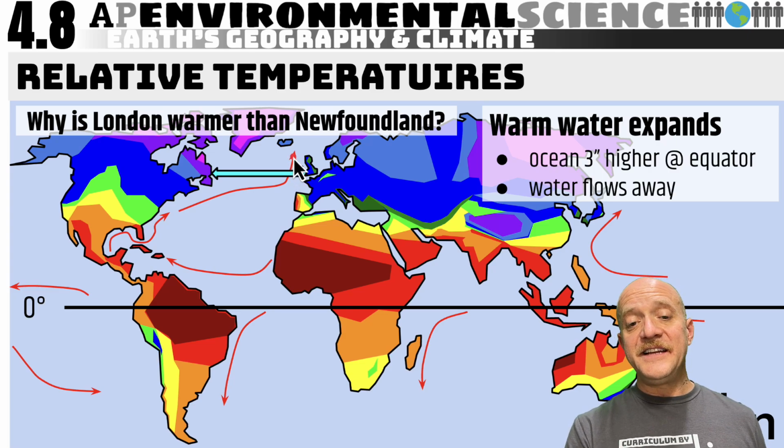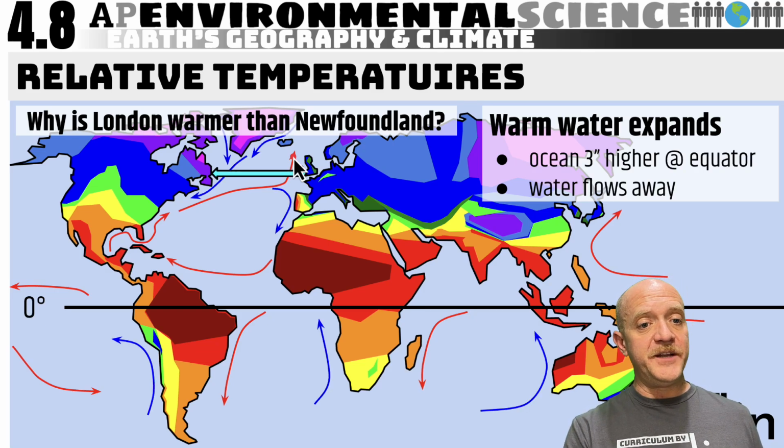So that is causing the temperature to be slightly warmer in Europe as well, because it's getting these warmer breezes from the ocean. And then the water, as it flows north, is going to cool, sink, and continue on.